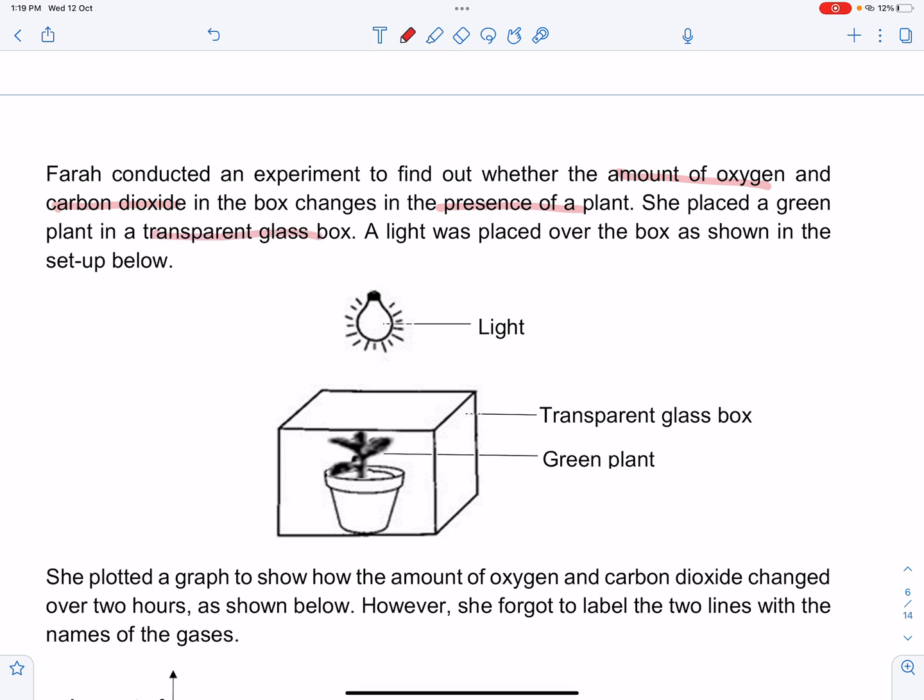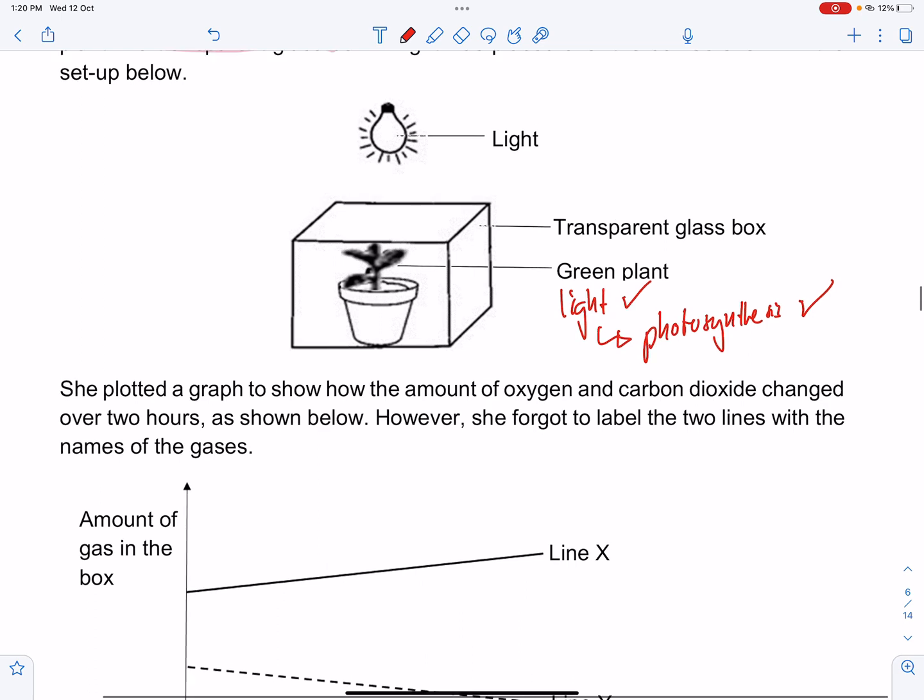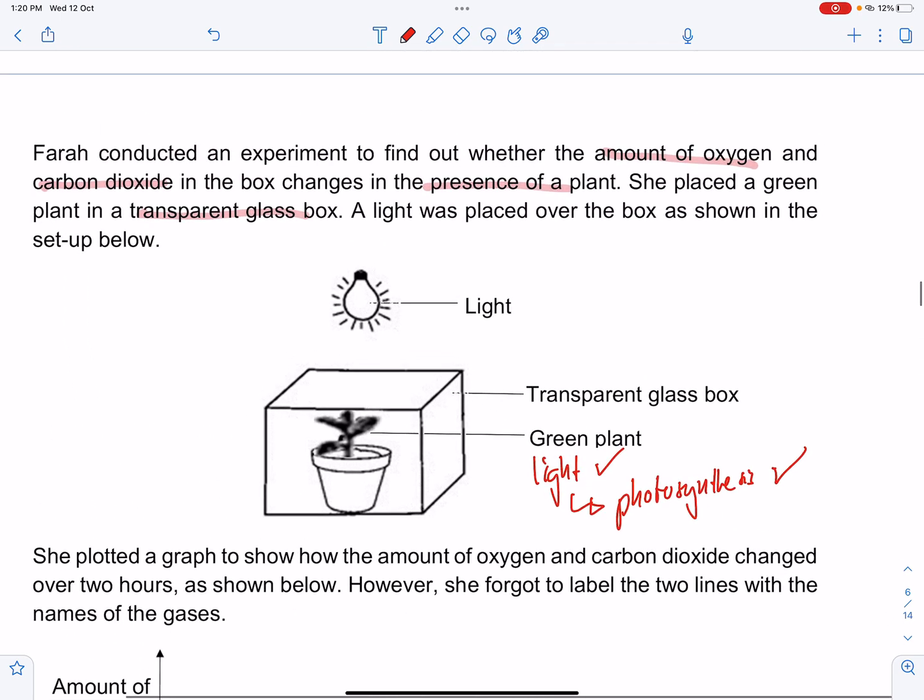So we know that since it's a transparent box, your plant is able to receive light. So if it's able to receive light, we know that photosynthesis is able to happen. Alright, so even without thinking about it, based on this, I already know that this is a photosynthesis question. I have what it takes.